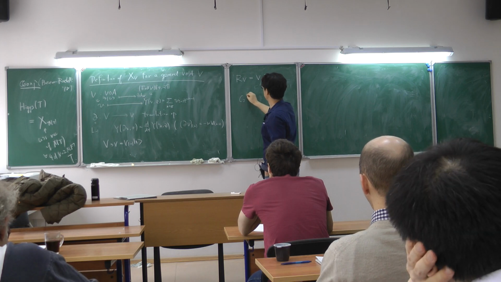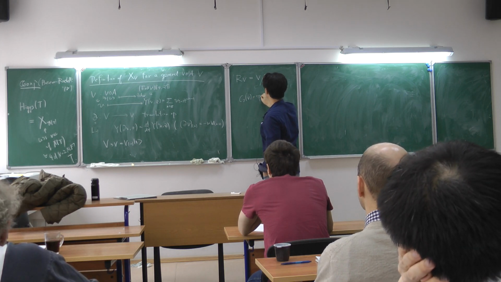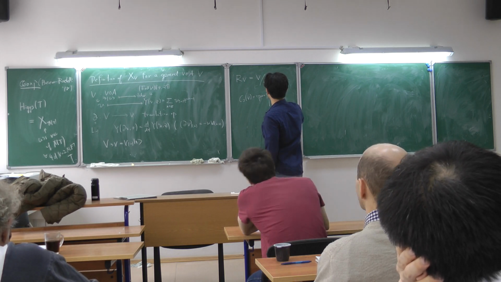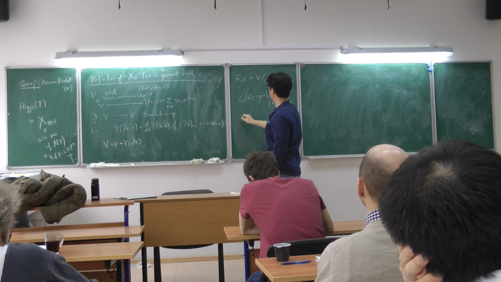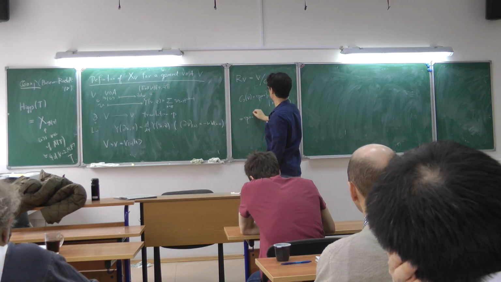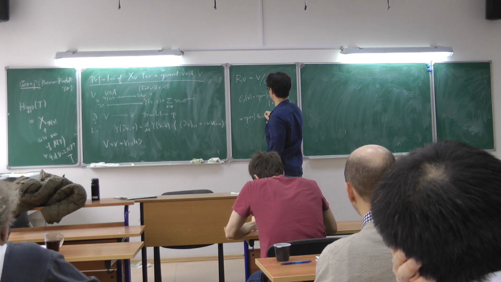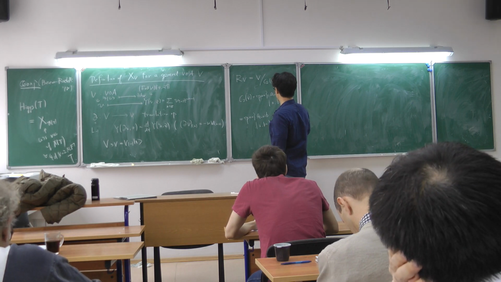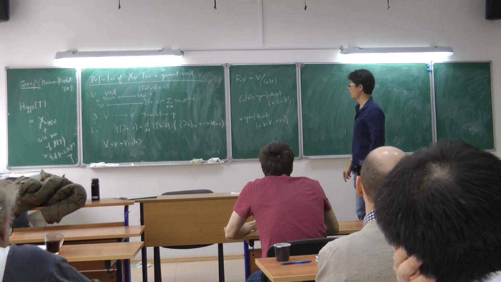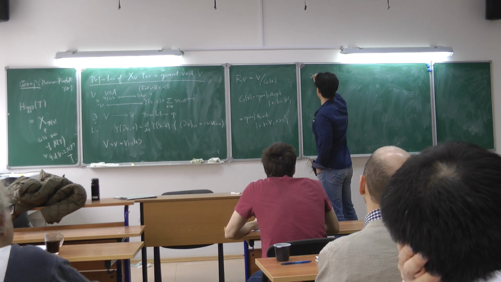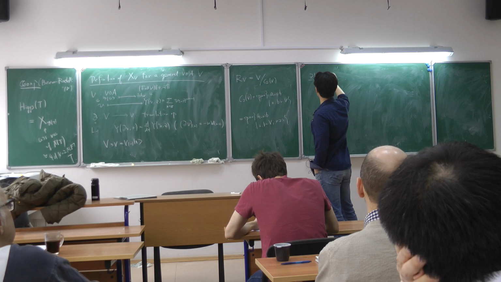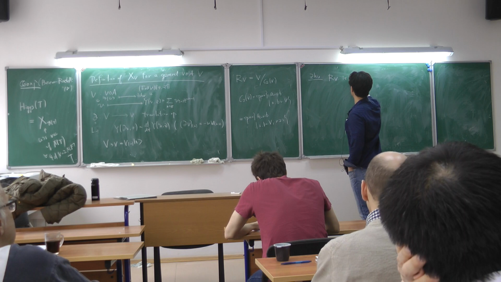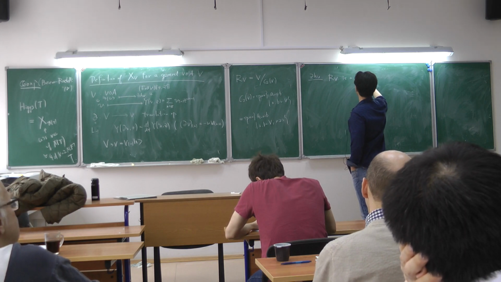So C2V is just the span of A_{-2}B, and this is the same as the span of A_{-n}B. And what we should observe is that this quotient has the structure of a Poisson algebra.